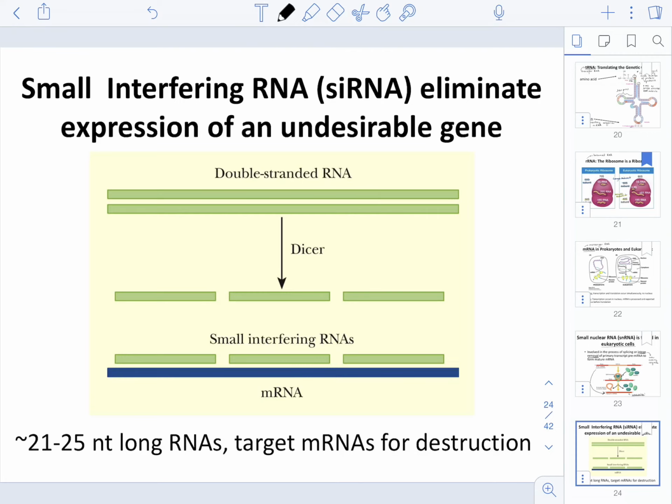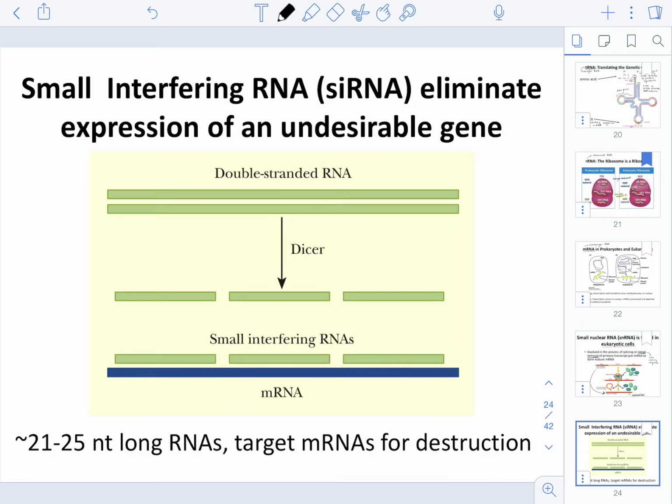Next, we are going to be looking at the 2 different types of RNA that are involved in mediating gene expression, starting with small interfering RNA or siRNA. Understand that siRNAs are going to be eliminating the expression of an undesirable gene.